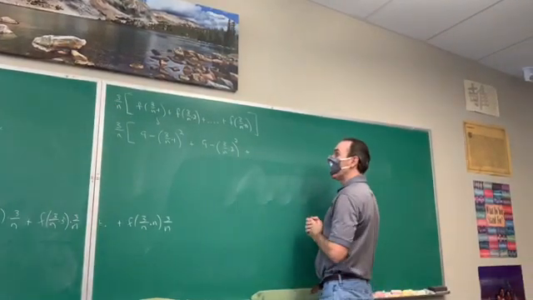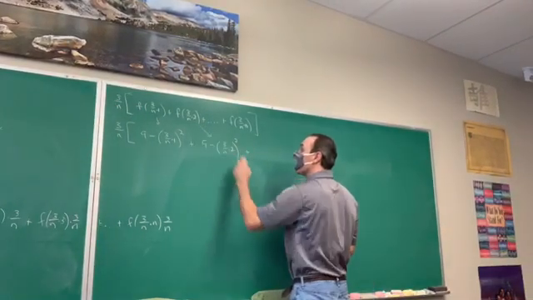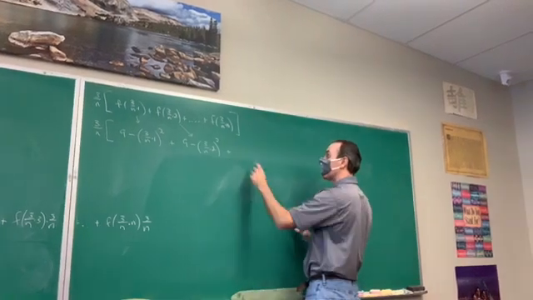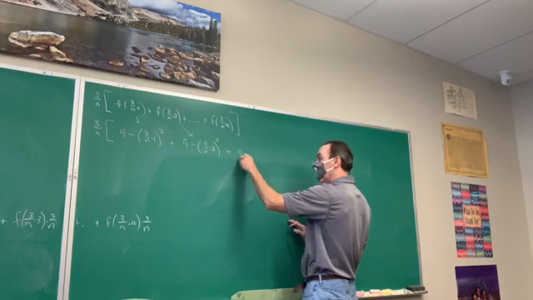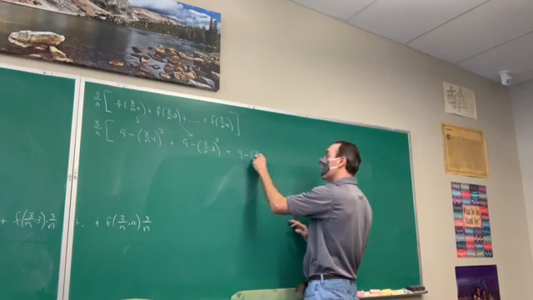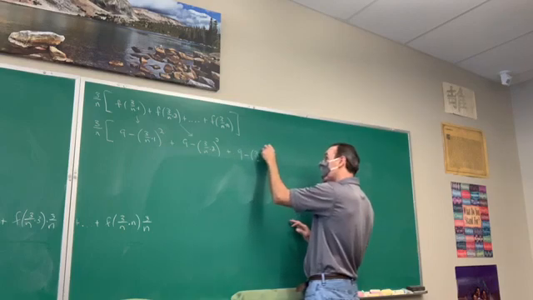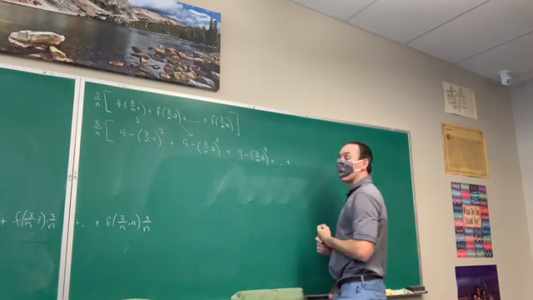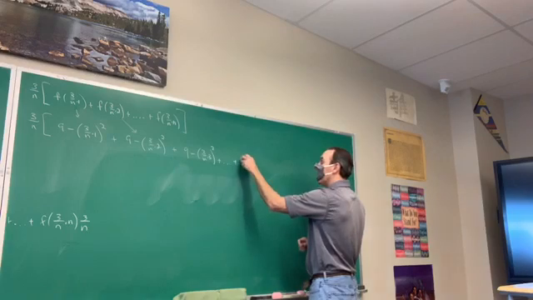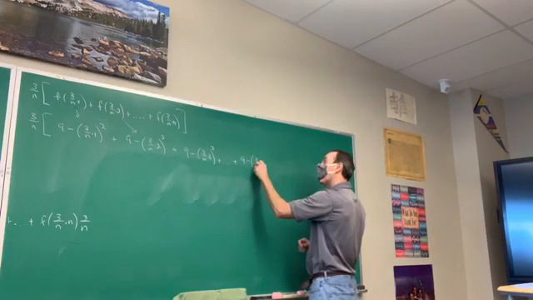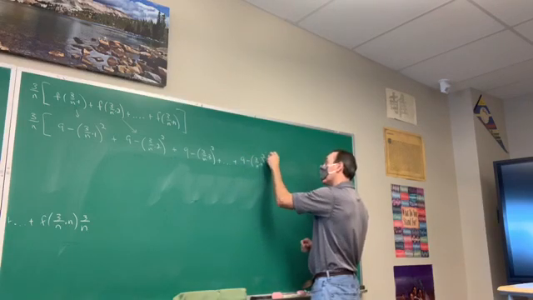So this is our second rectangle. Now our third rectangle is going to be 9 minus 3 over n times 3 squared. And here's our nth rectangle. You ready for it? 9 minus 3 over n times n squared. Okay, nice.